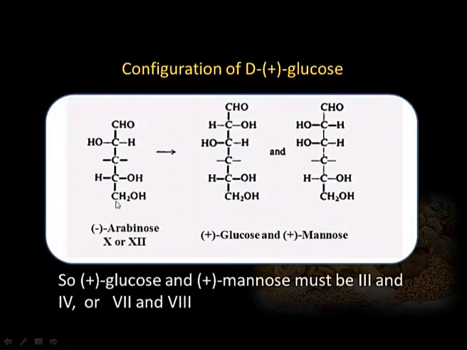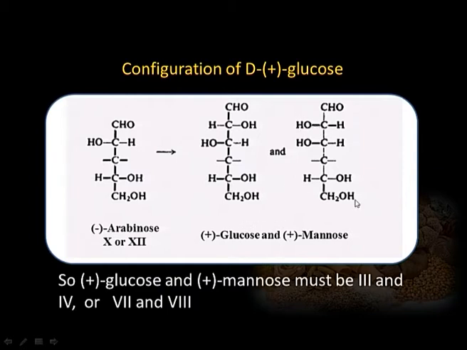This is the possible structure for arabinose, which we had written earlier as 10 or 12. This is the partial structure written, because this hydroxyl is either on the right side or on the left side. Then on Kiliani-Fischer synthesis, 1 carbon is increased here, and this is the newly formed asymmetric carbon atom. The 2 anomers are there, hydroxyl on the right side and hydroxyl on the left side.